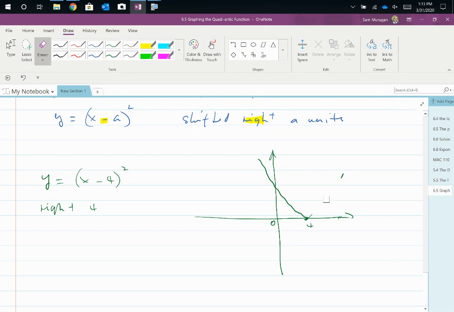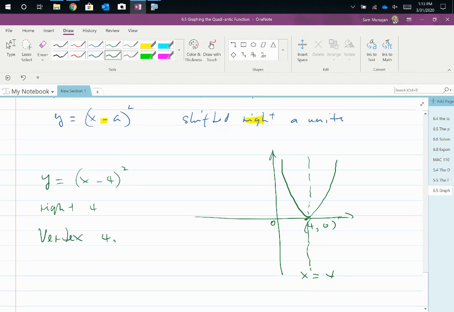I'm going to craft this with the calculator just now because, as you can tell, my images are not what I want them to be. So that vertex will be at (4, 0), and the axis of symmetry is now at x is equal to 4. So the axis changes when we move left or we move right.